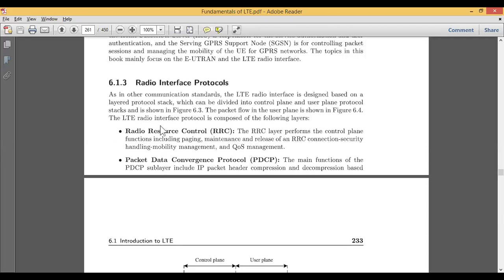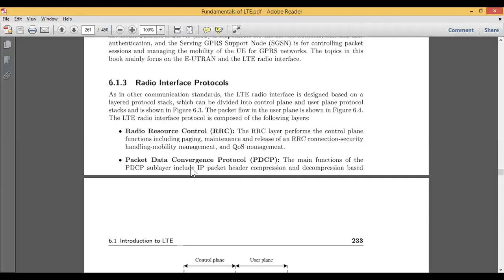It performs the control plane functionality. There are various control plane functionalities like ciphering, deciphering, integrity, sequence number. Therefore the RRC is responsible to perform control plane functions like paging, maintenance and release of RRC connections, security, mobility handling, and quality of service.